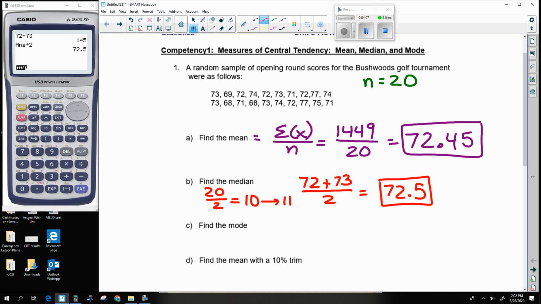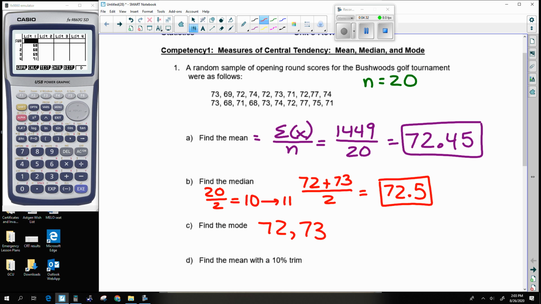The mode is the most often. So what I do for that one is I just scan through this. I see that I have 2 62s, 3 71s, 4 72s, 4 73s. So it looks like it's going to be 72 and 73, in which there are 4 of them each.